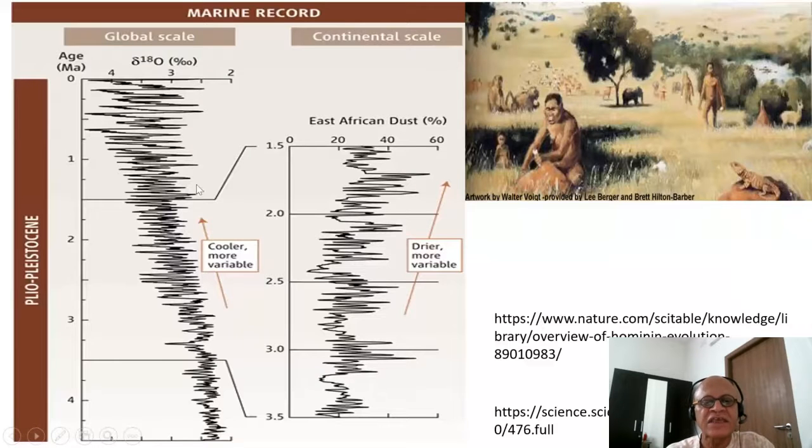On a continental scale, if you zoom into that, you can see that it was cooler, but also drier and more variable in terms of dust composition, in the various evidences collected from ocean sediments and ice cores. Well, not really ice cores, but mostly ocean sediments and rocks and other things.